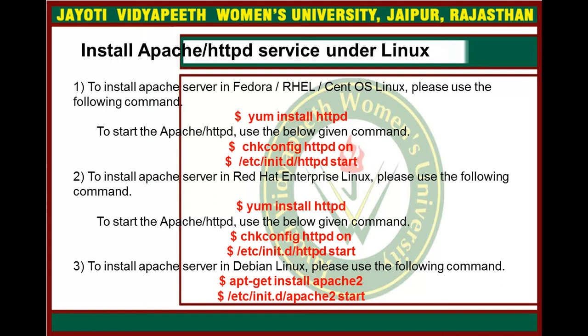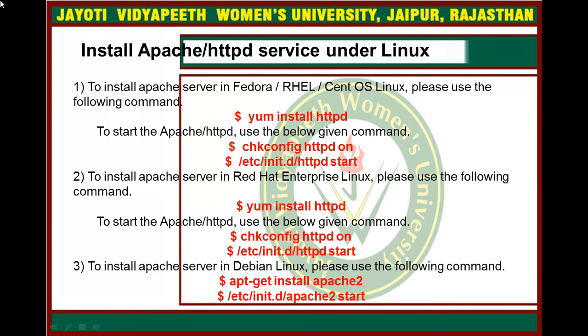Now come to installing the Apache HTTPD service under Linux. To install the Apache server in Fedora, RHEL, CentOS Linux, please use the following commands. Here, yum install httpd. To start Apache HTTPD, use the below given commands.